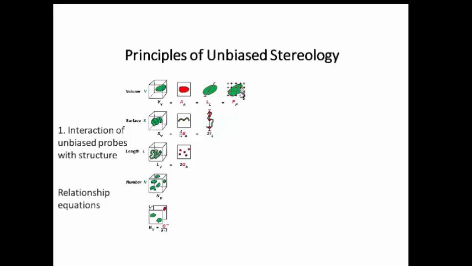Here we're talking about the number of points that interact with the structural feature. Here the length of the line, and here the area of a section occupied by profiles of this. So what we can see from this is that there's an interaction here between the probes and the structural features.